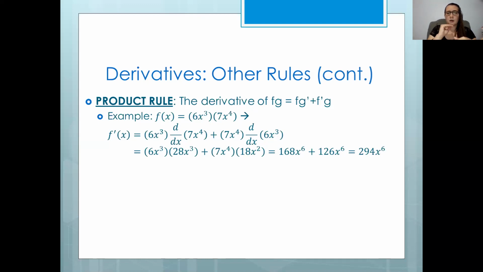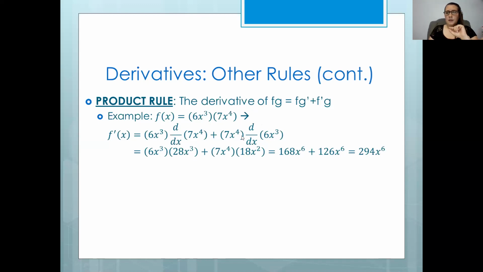If we actually apply the power rule to these derivatives, we still have 6x cubed. Now the derivative with respect to x of 7x to the fourth is 7 times 4, 28, x to the 4 minus 1, so 28x to the third.